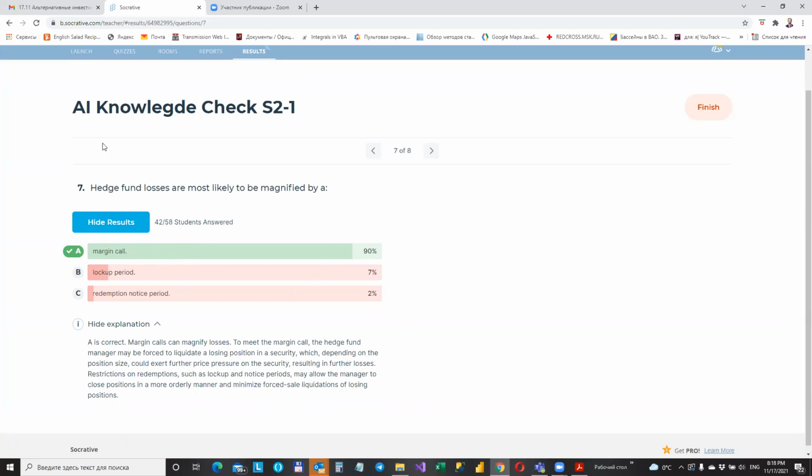And then again this chain of closing positions from one investment to another, from one hedge fund to another, can magnify losses for the whole market.